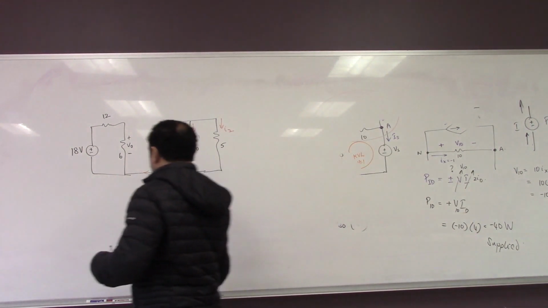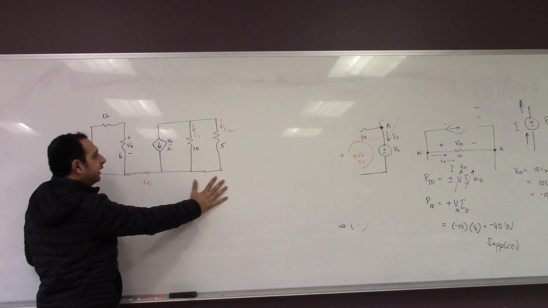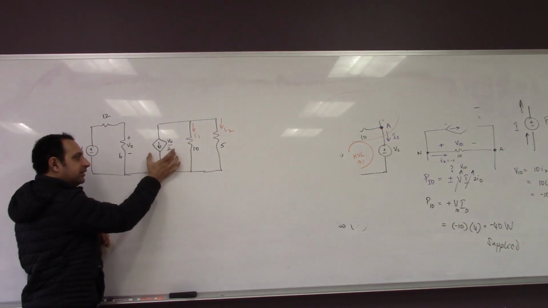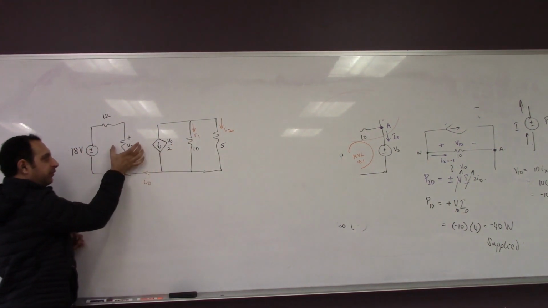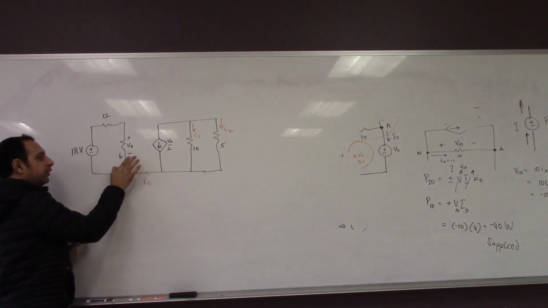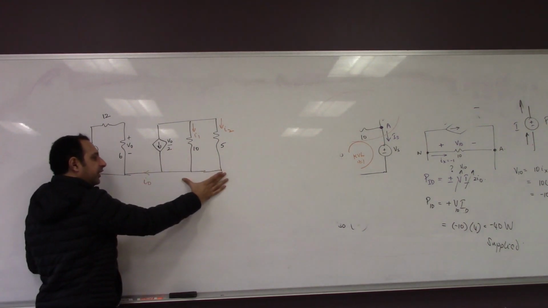Let me explain one thing. Everything that we need to find in this circuit is on the right-hand side. The only thing that drives the right-hand side of the circuit is this dependent source, which depends upon V0. So we cannot solve this side of the circuit until we know V0, because if we know V0, then we know this value, and then we can find everything here.